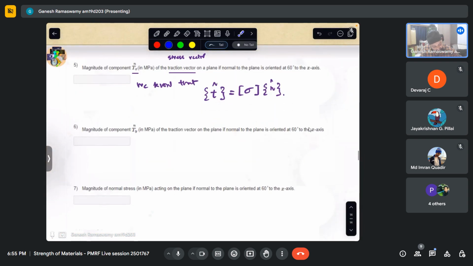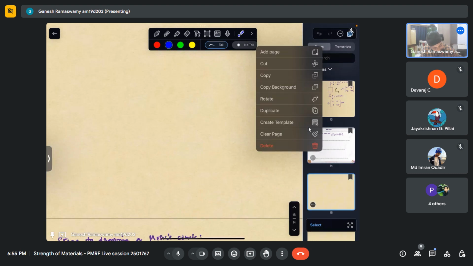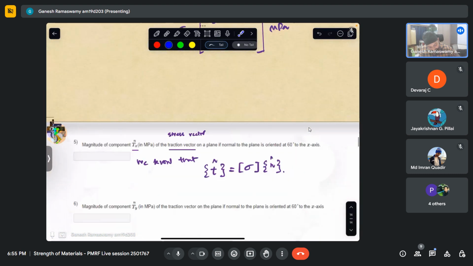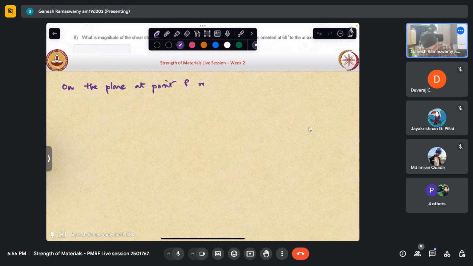So it is easy to find out the magnitude, on the plane at point P with normal at 60 degrees to the x-axis.